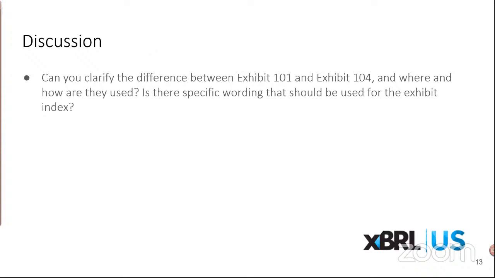Additionally, when an interactive data file is submitted using Inline XBRL, Instruction 1 to paragraph (b)(101)(i) and (ii) of Reg S-K Item 601 requires that the exhibit index includes the word inline within the title description for any such exhibit.